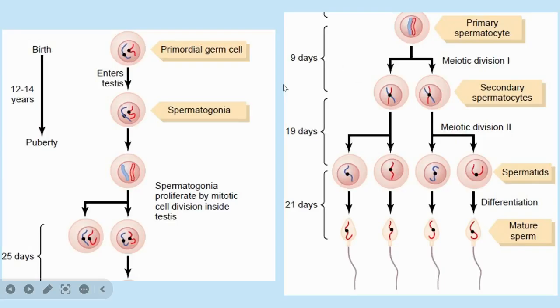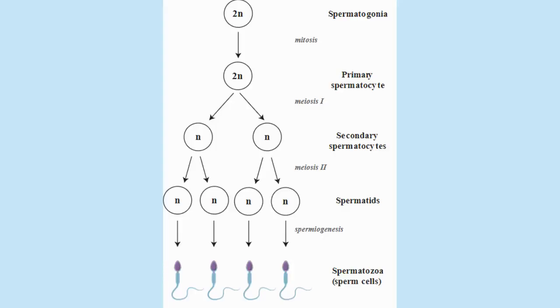This is the summary of the spermatogenesis. Spermatogonia, right after undergoing mitosis, produce po siya ng second stage of the spermatogenesis, which is the primary spermatocyte. The primary spermatocyte undergoes the meiosis I and produces two secondary spermatocytes.